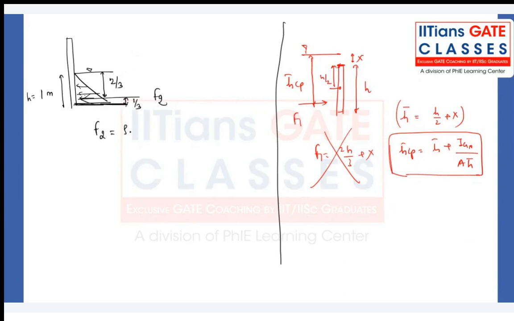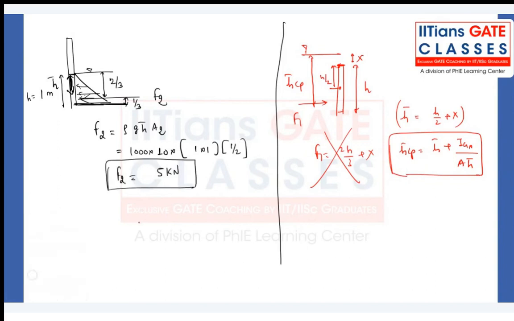So F2 will be rho g h bar A2. Rho is 1000, g is given as 10, area will be 1 into 1. H bar will be from the centroid of the part of the plate which is surrounded by the liquid. That is the height we have to take. Don't take the centroid of the full height. So 1 by 2. When you calculate, you will be getting 5 kilonewton.